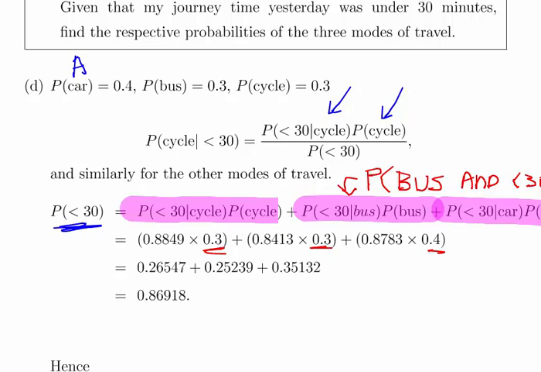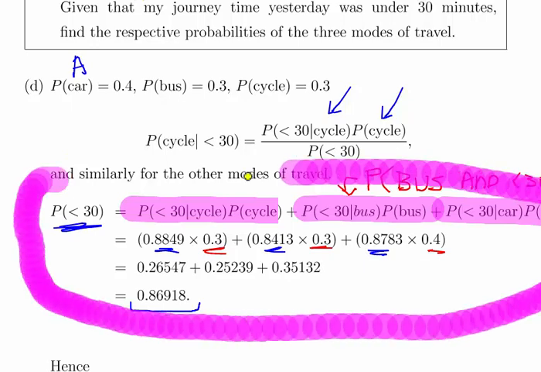In part B, we worked out these calculations here, the probability of being less than 30 minutes given that you cycled. So essentially we multiply them out and add them all up. Overall, I have a nearly 87% chance of having a journey time less than 30 minutes, based on those various combinations of all the modes of transport I use and how often I use them. This was a very important step, we needed this part here.